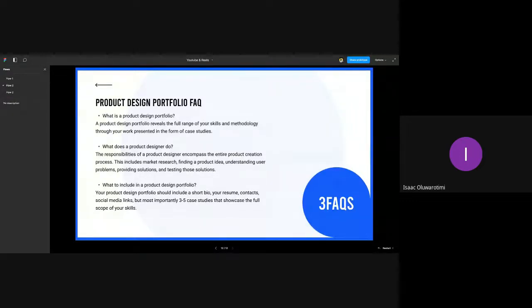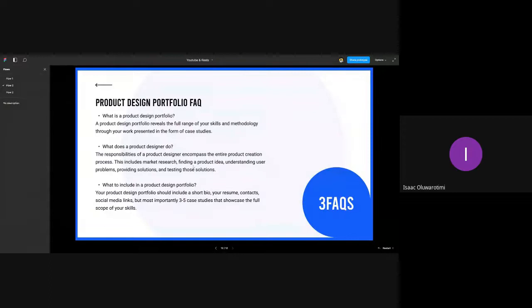She said that I should get a website portfolio to present my work, that Behance at times is not really standard, there might be some works that are not really okay for the recruiter to check out. So it's just better if I get a portfolio website. So that's part of the question.